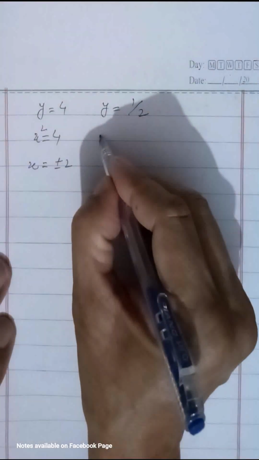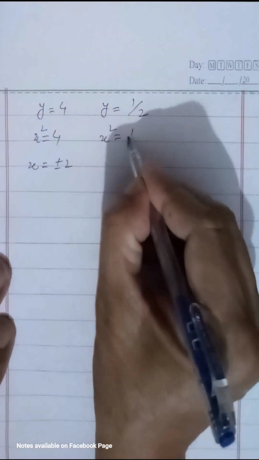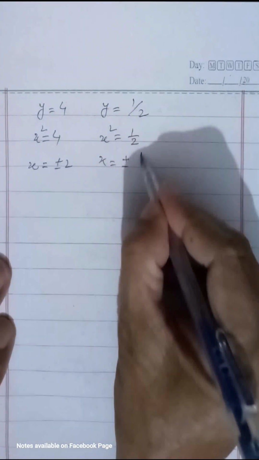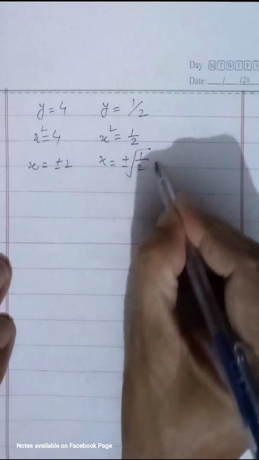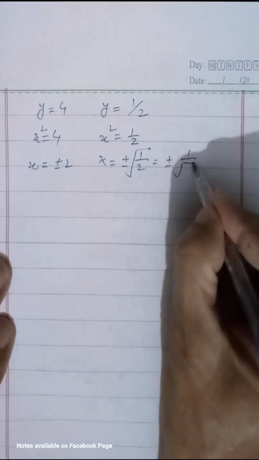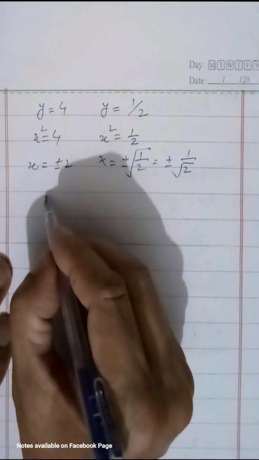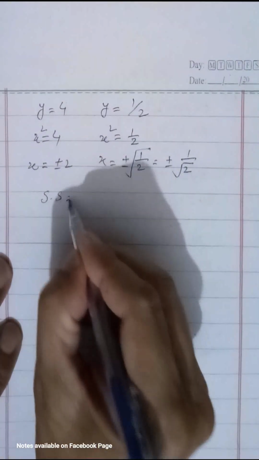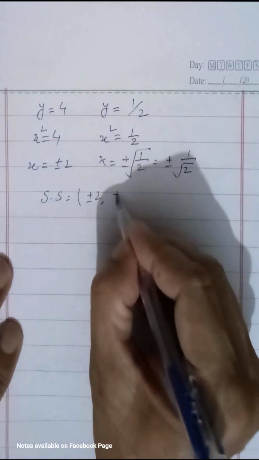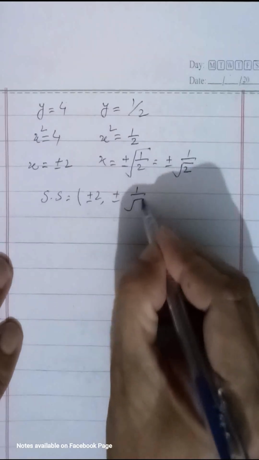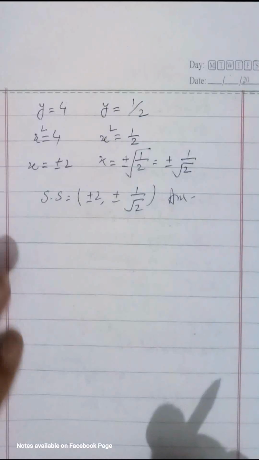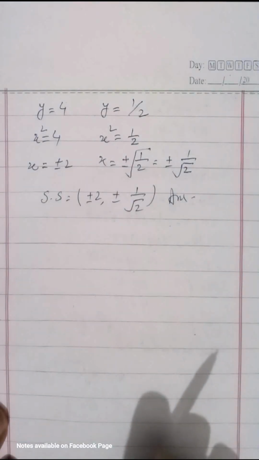On the other hand, x square is equal to 1 over 2 and x is equal to plus minus the square root of 1 over 2, or we can write it as 1 over square root 2. This is the solution set of the question, plus minus 2 and plus minus 1 over square root 2, and it is the answer of question 2.